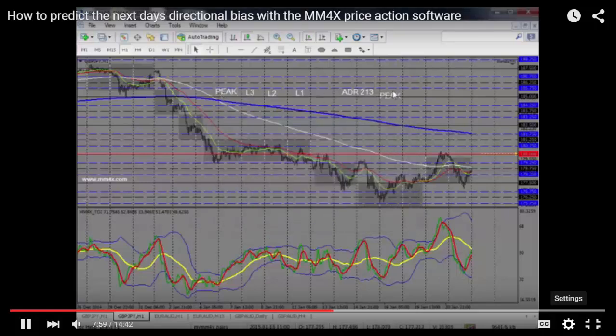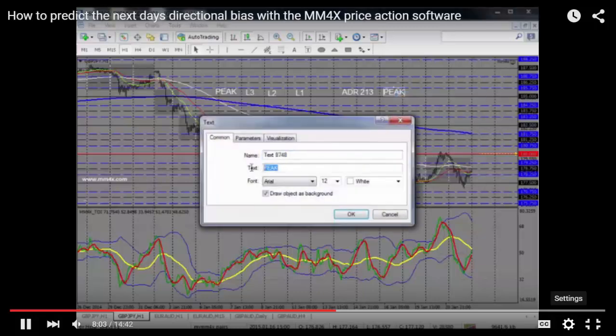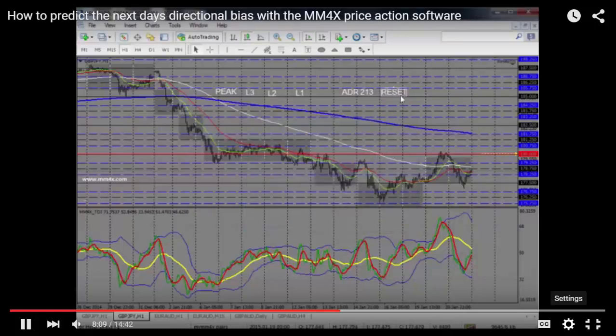And then I'll make another one, and I'll change it to reset. These are basically the 6 different codes that you will enter onto these boxes as you decipher what the pair's been doing.